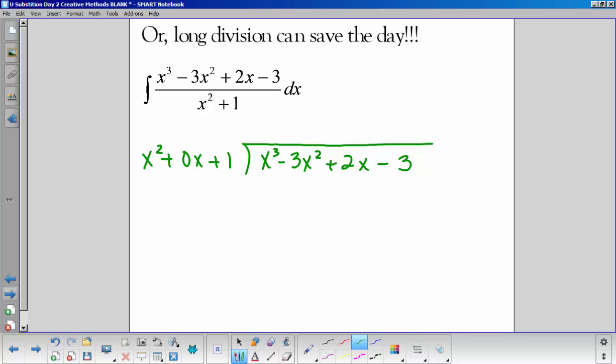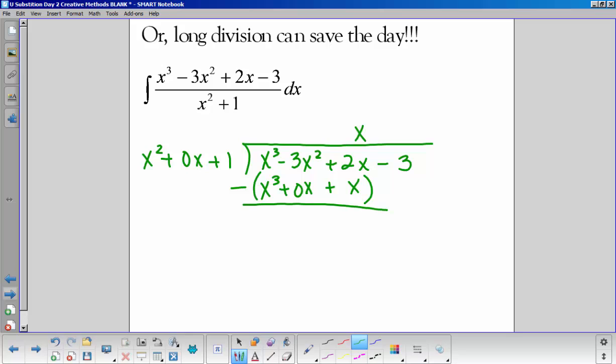And so we have to figure out what do I have to multiply times the x squared here to get x cubed? And it's x, so I'm going to put an x right here. And then I take this x and I multiply times everything here on the left, and I get x cubed plus 0x plus x. But I am subtracting.